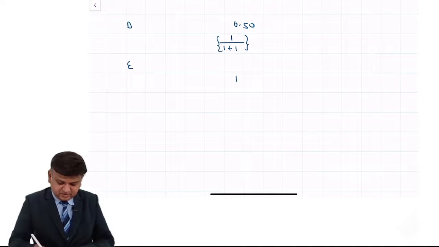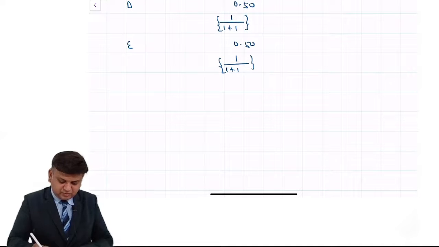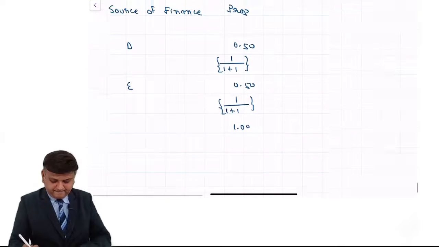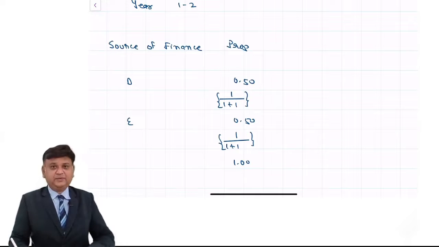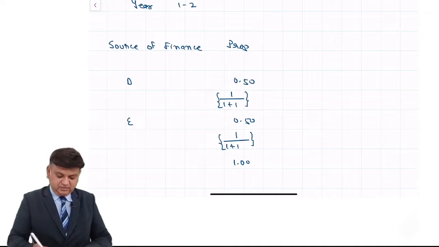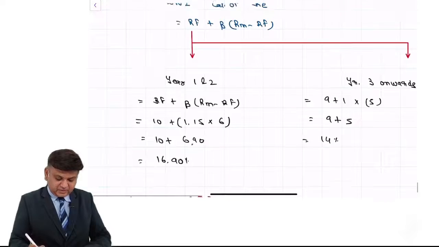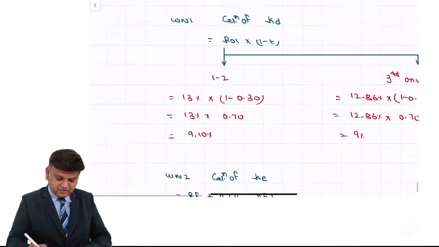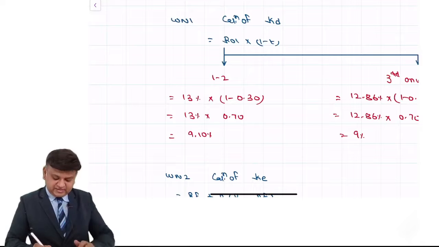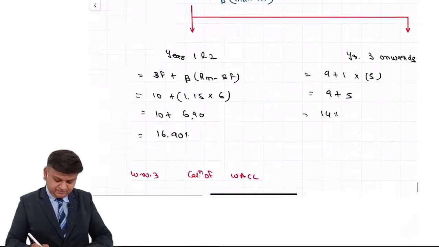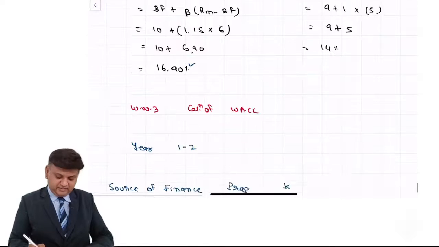1 divided by 1 plus 1. That comes to again 0.5. So the total would be 1. So weight or proportion will be 0.5 multiplying with the respective cost. The question is providing the information that the cost of debt financing is 9.1 and this is 16.9.